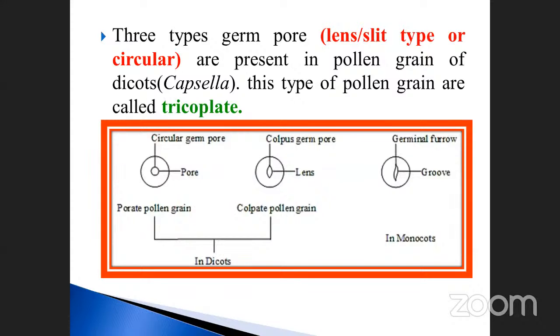Very, very important things: in each and every pollen grain, there are germ pores present.